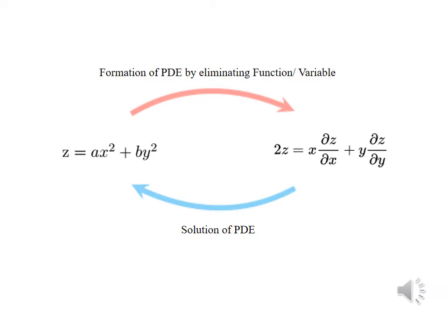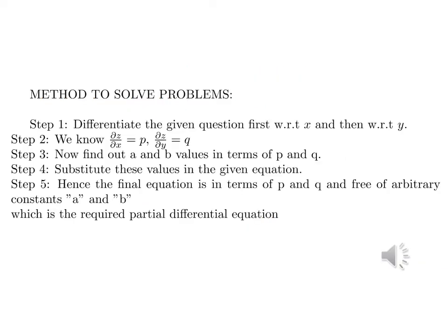differential equation. Now to get partial differential equation by eliminating arbitrary constants, we usually differentiate partially with respect to x and partially with respect to y. Then we introduce p and q, where p is equal to dou z by dou x and q is equal to dou z by dou y. Now we find out value for a and b in terms of p and q, then we substitute that back.